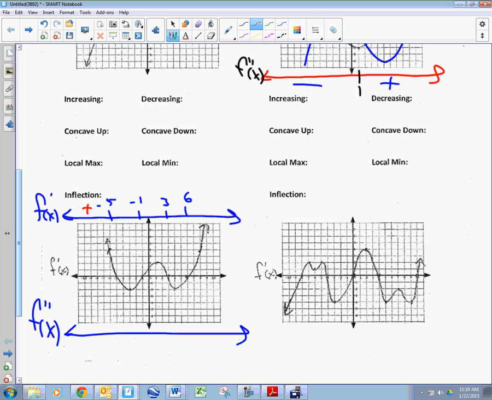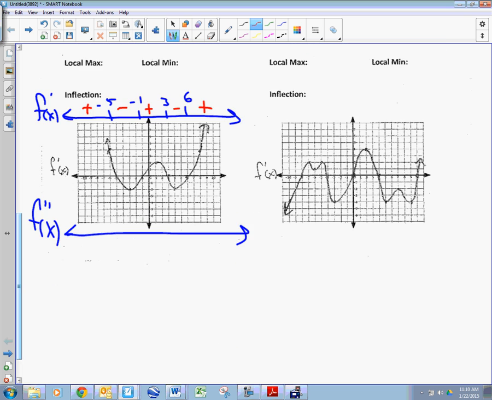Positive. Why? Because it's above the x-axis. This is the first derivative. It sits above, so it is positive. The second derivative is negative at that spot, okay? So positive, negative, positive, negative, positive. It will continue in that way, all right, as we look at it.